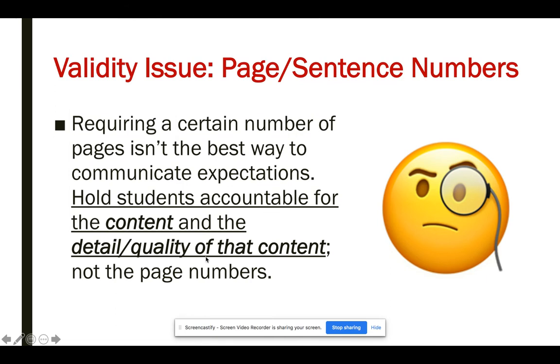They might just be a really crafty writer. So it's much better to hold students accountable for the content and the detail or the quality of that content in your scoring guide, rather than the number of pages or the number of paragraphs or the number of sentences. That's one thing that I saw coming out of some of your rubrics and your test questions.